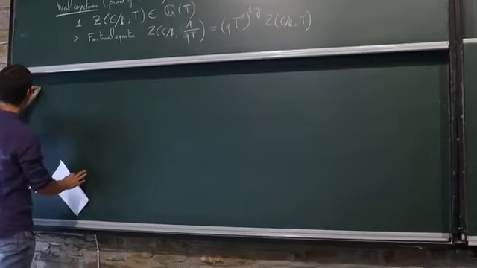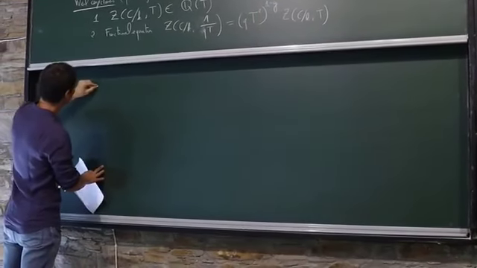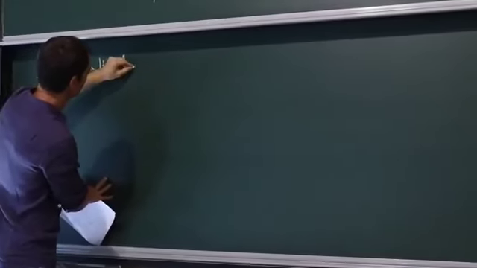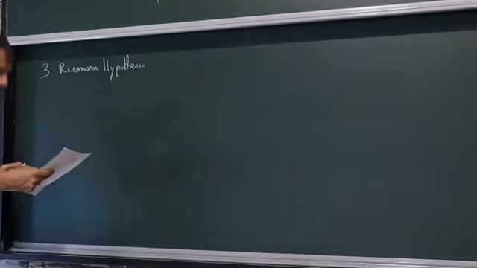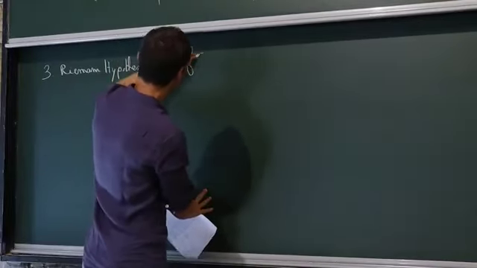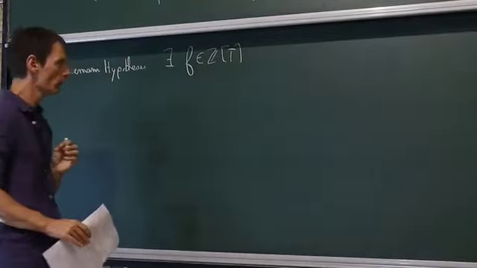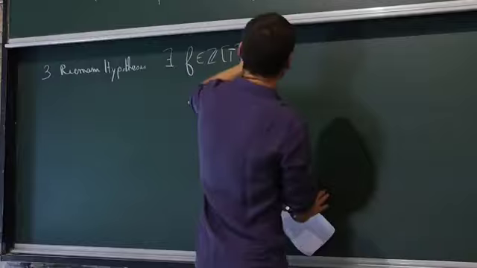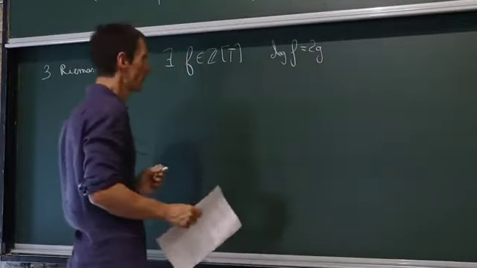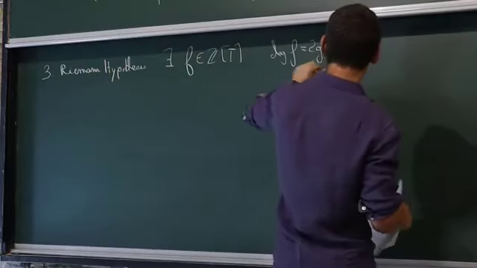is 3, what is called the Riemann hypothesis. In this context, of course, not over number fields, which says that there exists a polynomial with integer coefficients, such that the degree of f is 2g, and I can write f in this way.